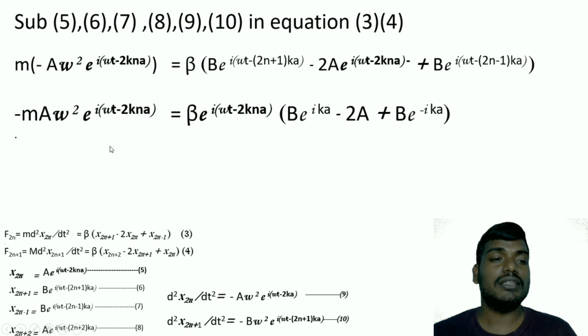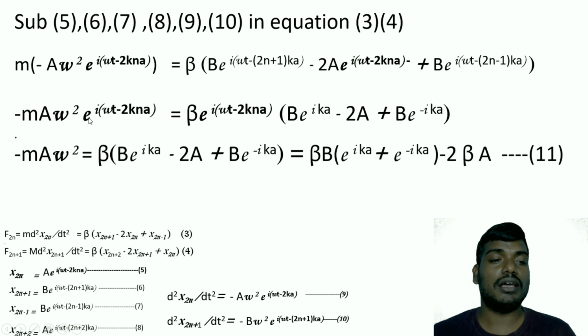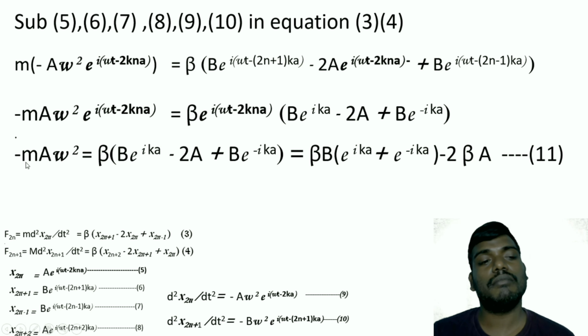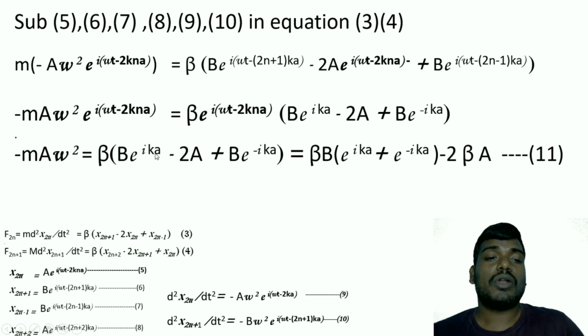Then we cancel the terms: e^{i(ωt − 2nKa)} cancels on the left side and right side. Then the next equation is like this: m A ω² equals β times (B e^{iKa} − 2A + B e^{−iKa}).